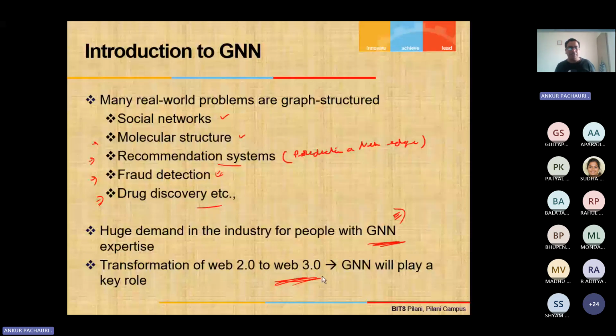And if we move into the area, then obviously you will play a key role. Not me, I'll still be a teacher, teaching GNN to someone else. But once you have learned, you will be applying the knowledge gained by yourself, by reading books and preparing for exams, and you'll be implementing it in your own day-to-day life.